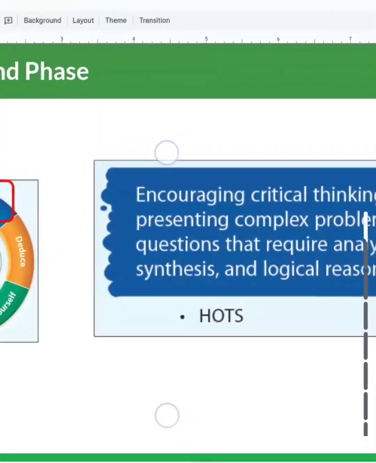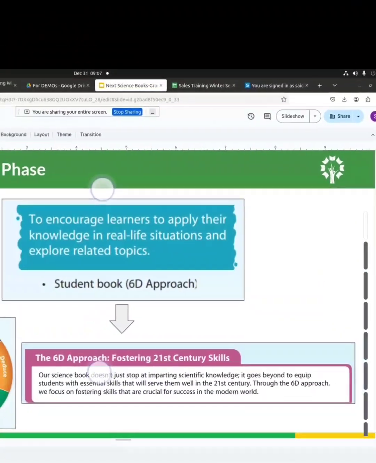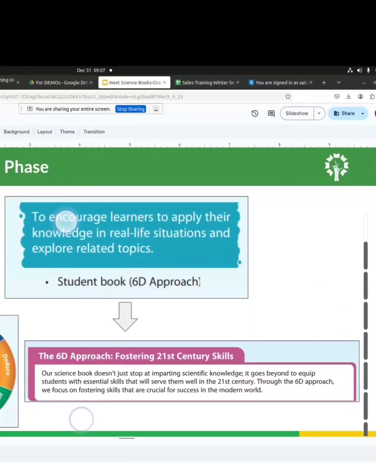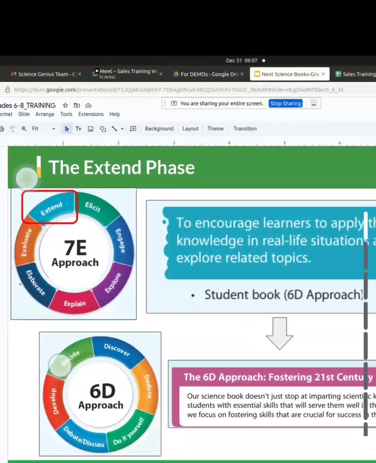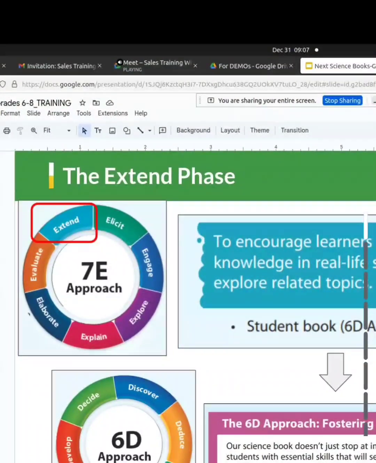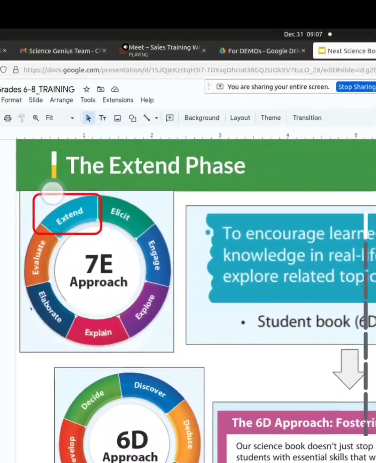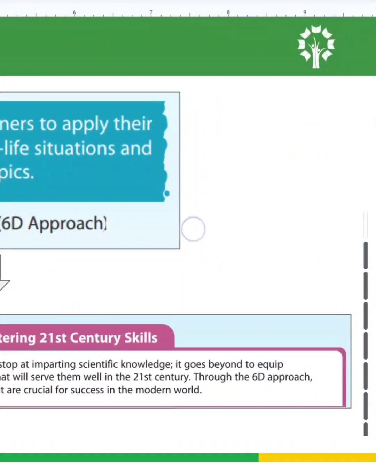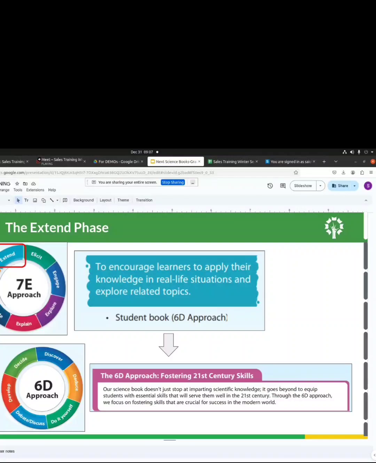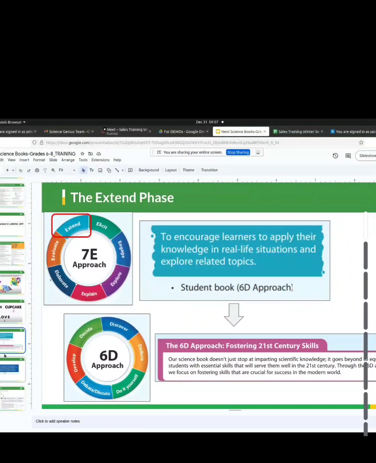Coming to the next E, the last E. So we have dealt with elicit, where we have talked about real life applications, curiosity bridge, learning objectives, and concept map. And then engage, where we have dealt with the quick checks to check the prior knowledge of the students.